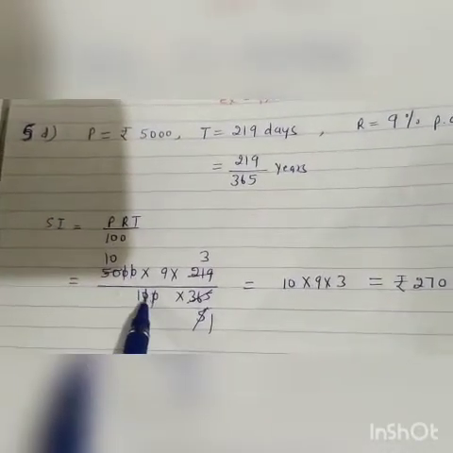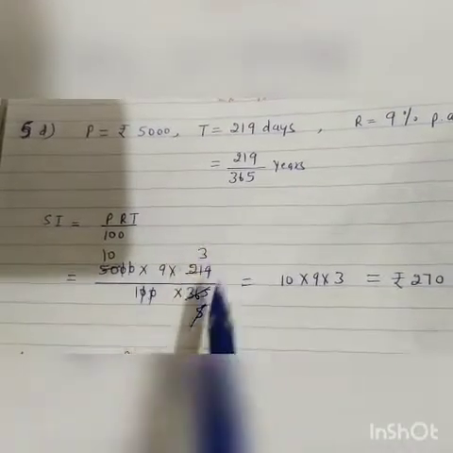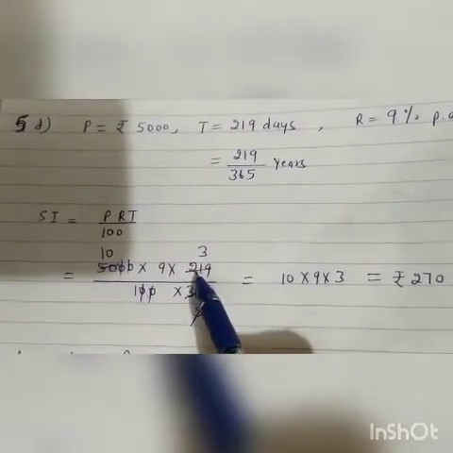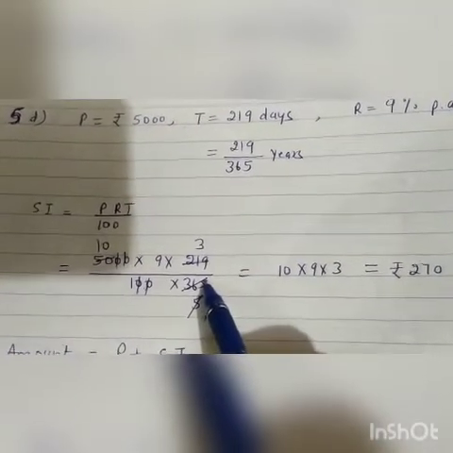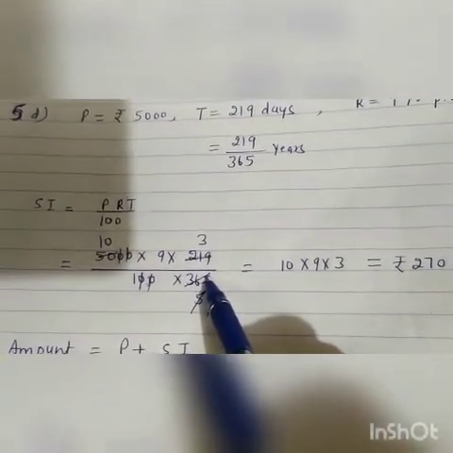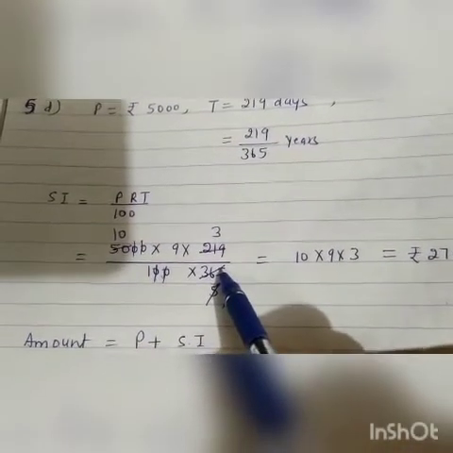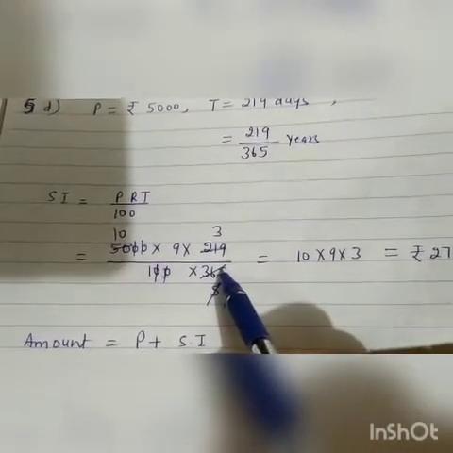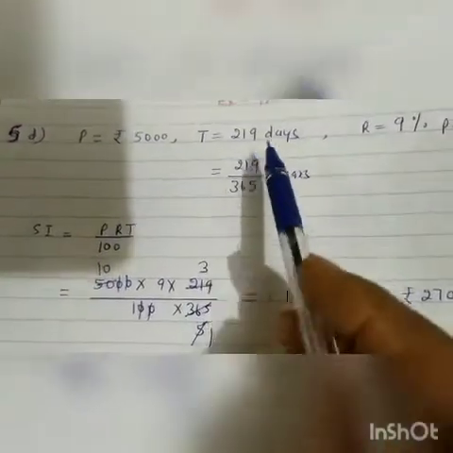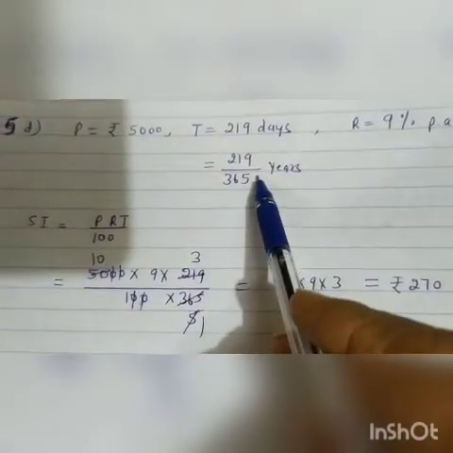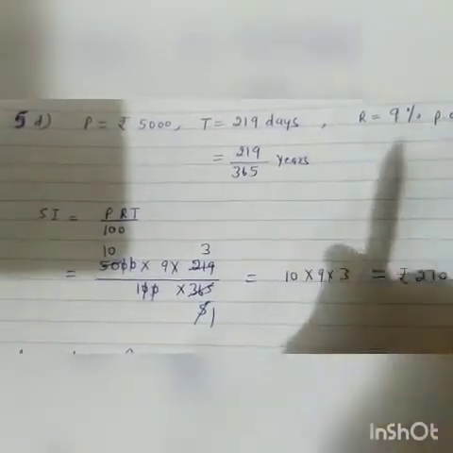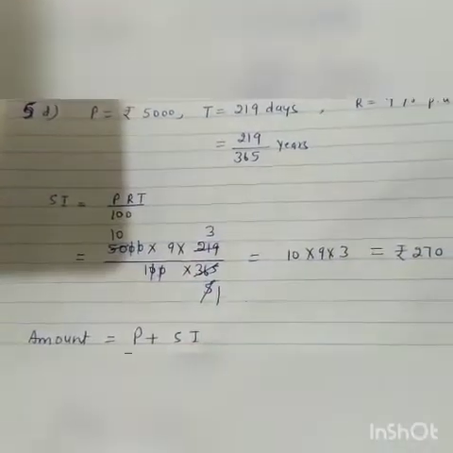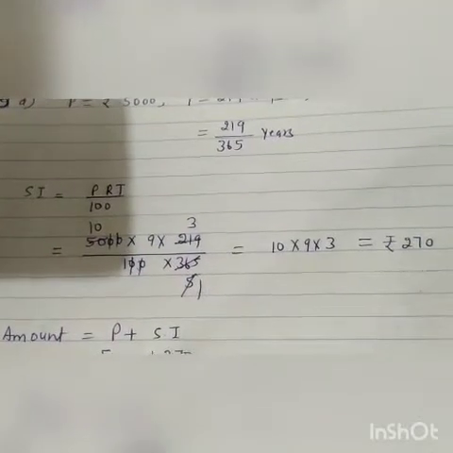Zeros cancel. Now, first we will simplify this 219 and 365 by 73. If you remember, students, I told you earlier also, when time is given in days and when we convert it into years, then this number is only divisible by 73.